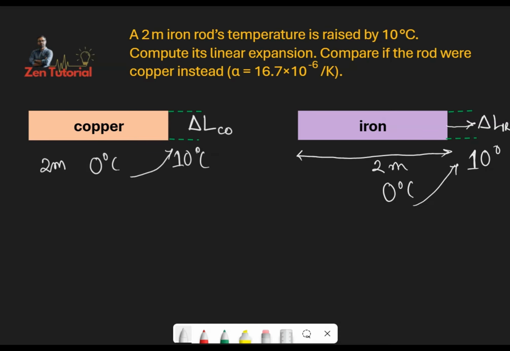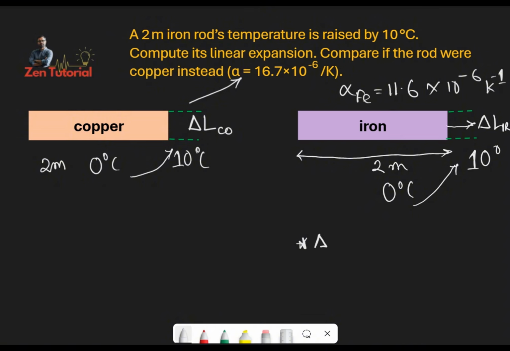One important data missing for iron is the coefficient of linear expansion. So alpha of Fe is equal to 11.6 into 10 to the power minus 6 per Kelvin, and the copper is given here. Anyways, let's first determine the linear expansion for iron.